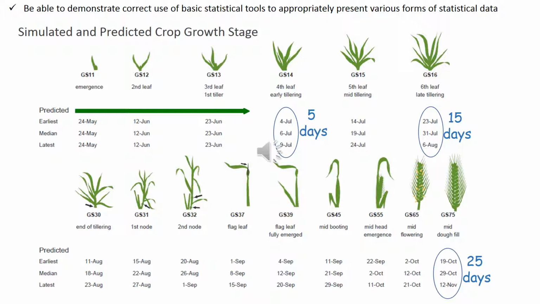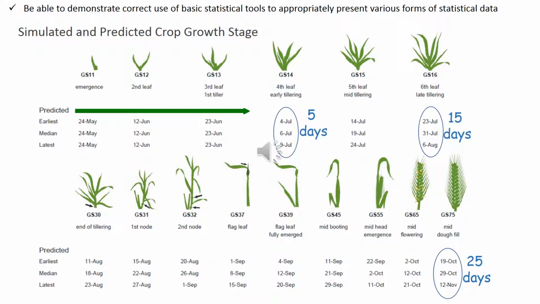We have the flag leaf stages, and we have the head emergence, flowering, and then the dough fill stage, or the grain filling stage of the plant. What we can see here is that the green line shows us the predicted values, and we have the earliest date, the median date for the crop, and the latest date by which these stages will occur.